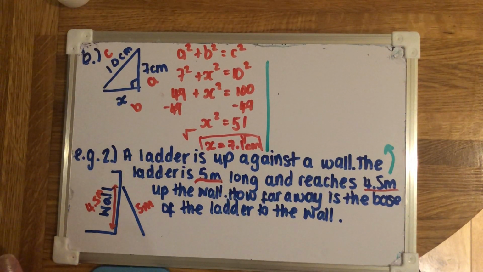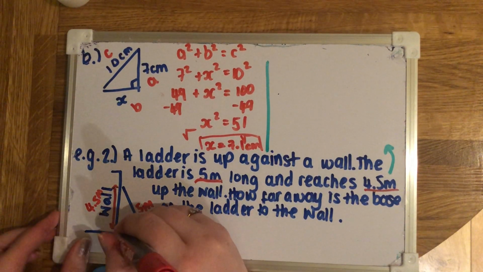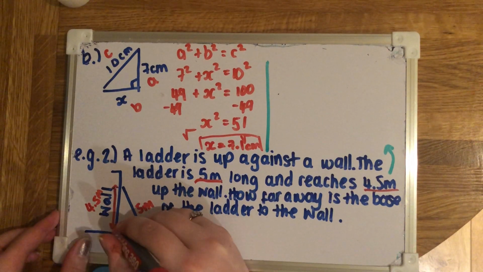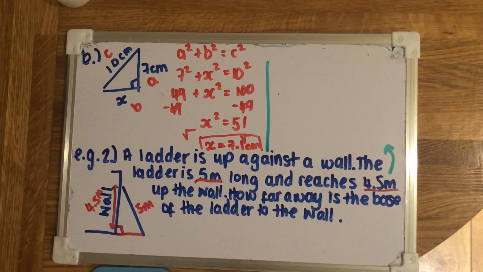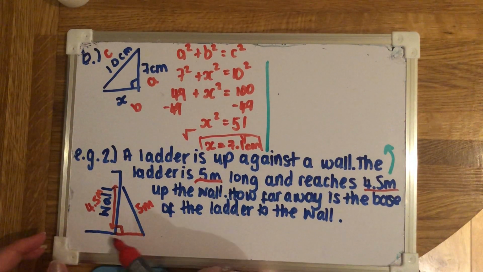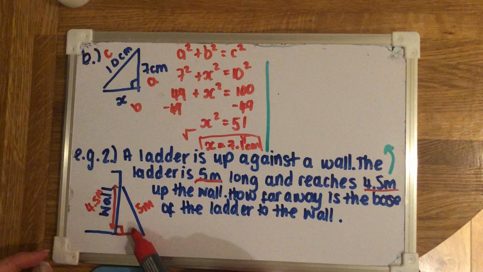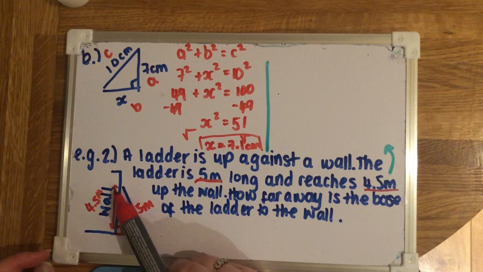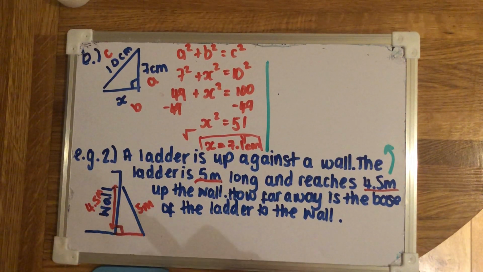How far away is the base of the ladder to the wall? So I'm going to make a triangle here because that's essentially what it is. And I'm going to try and make it as familiar as this as possible. So I've added this base to make it a triangle. We know that this side here is 5 and we know that the height there is 4.5 metres. So again, step 1 is we need to label it.